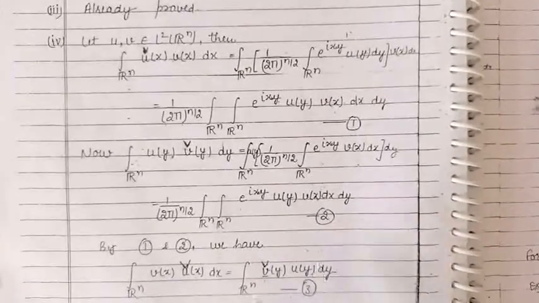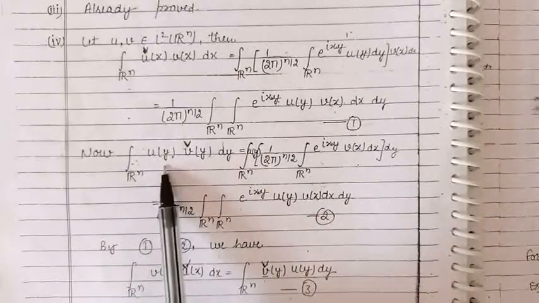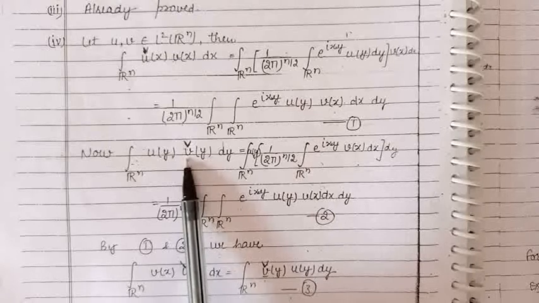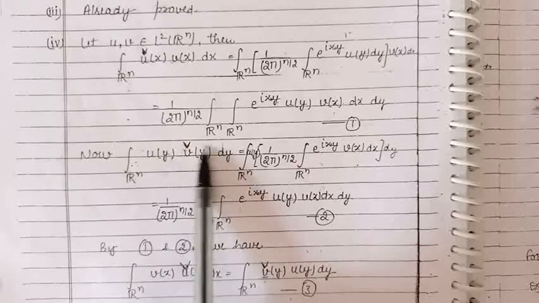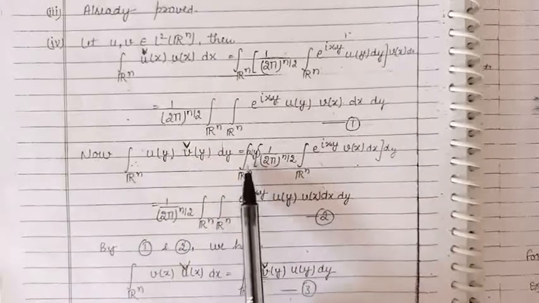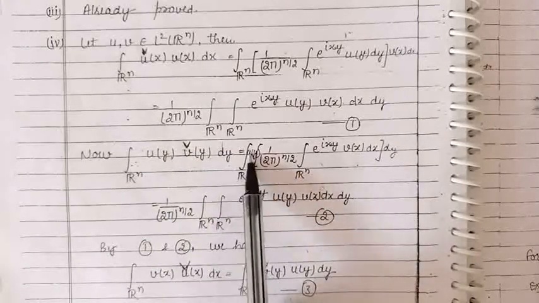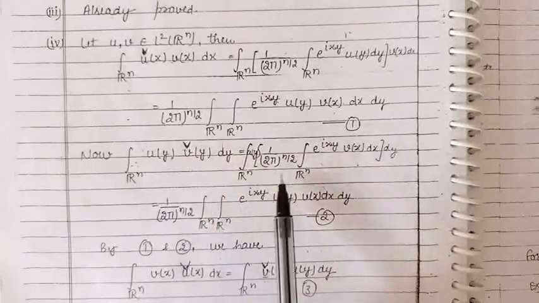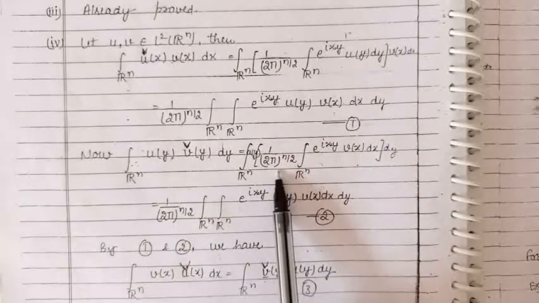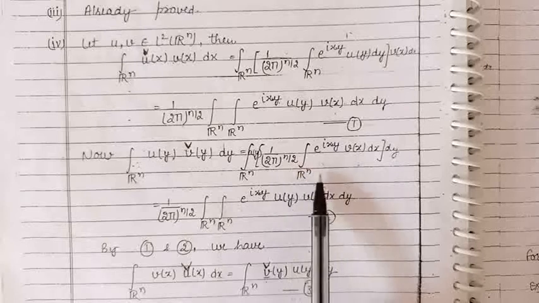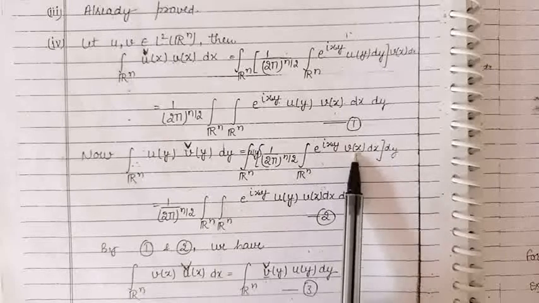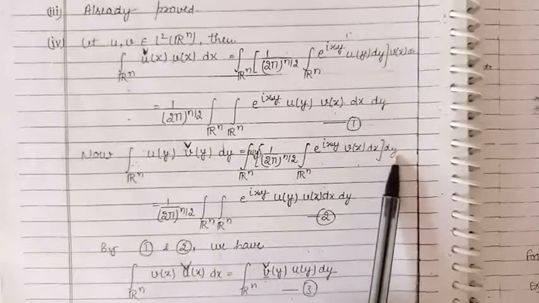Now let us consider the integral of the product of function u and inverse Fourier transform of v. Again, applying the definition of inverse Fourier transform for the function v, this integral will become integral over Rn u at y into, by the formula for inverse Fourier transform for v, 1 upon (2π)^(n/2) integral over Rn e raised to the power iota x dot y v at x dx, and this dy.